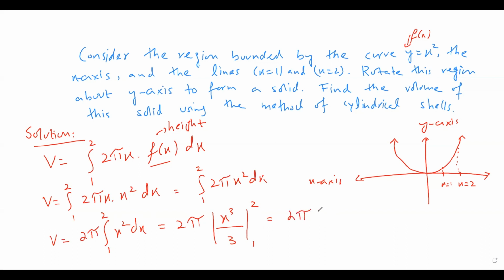So 2 pi, when you put 2 here, this is 2 cubed, which is 8 divided by 3, I guess, minus 1 divided by 3. And this is equal to 2 pi times 8 minus 1 is 7 by 3.